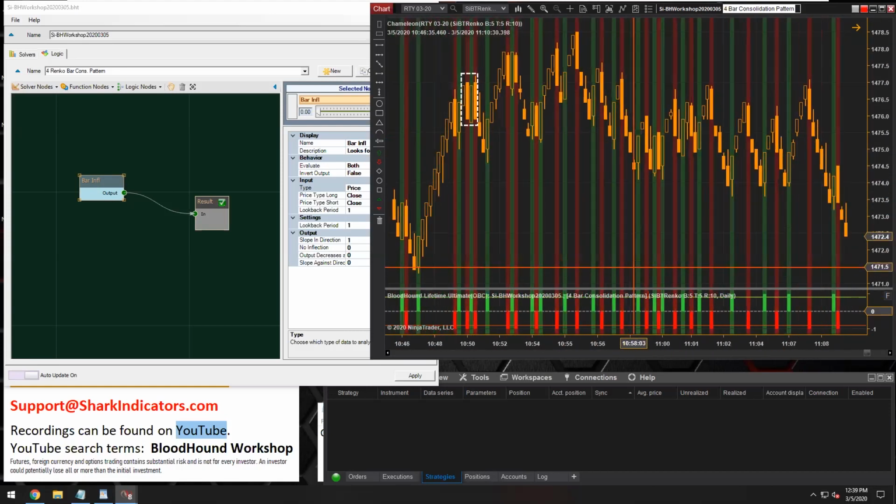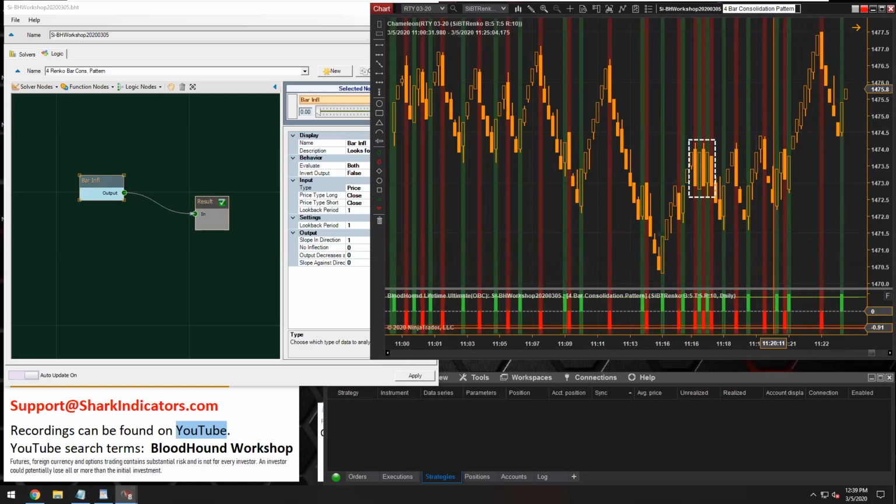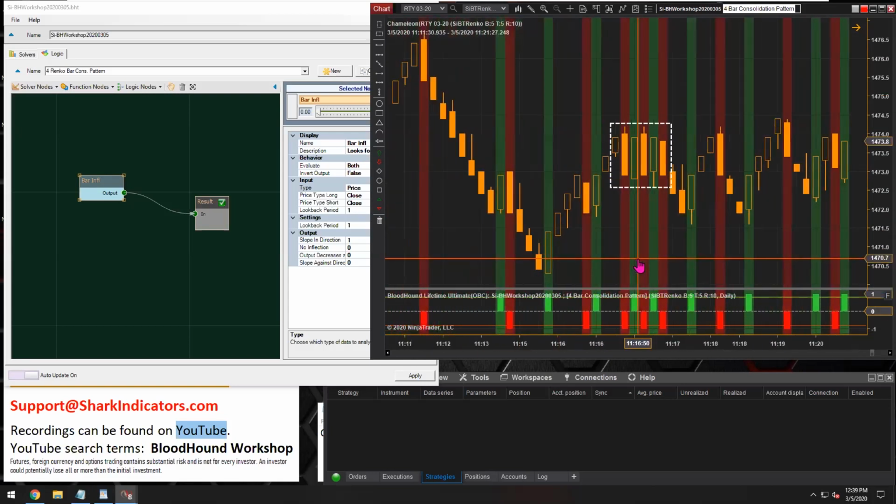Let's see, where else? Here we go. Let's take a look at this one. We have a couple of up bars, so there's no inflection until we get to the second bar within the pattern. Then there's an inflection, inflection, inflection, inflection, inflection, and then the break of the pattern afterwards.